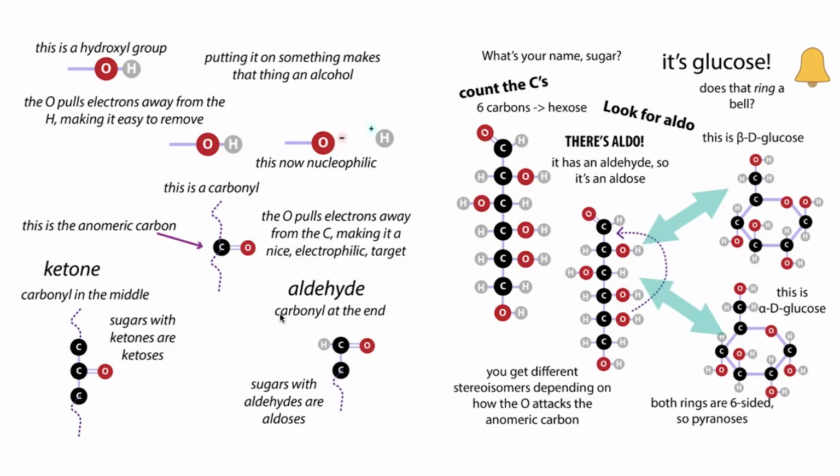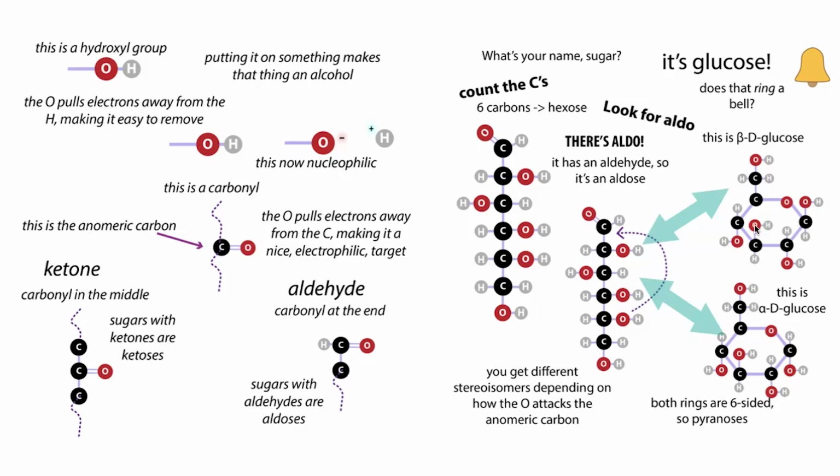Now, where we see this aldehyde or ketone, basically that's our anomeric carbon. And it's anomeric because one of the hydroxyl groups lower down on the sugar chain can actually go and attack it. And it attacks that anomeric carbon, and this is going to ringify the sugar.